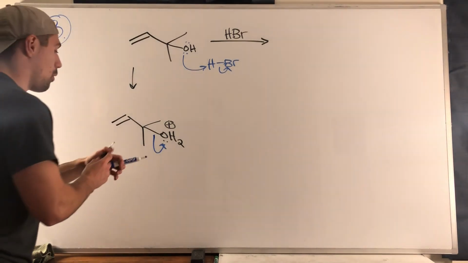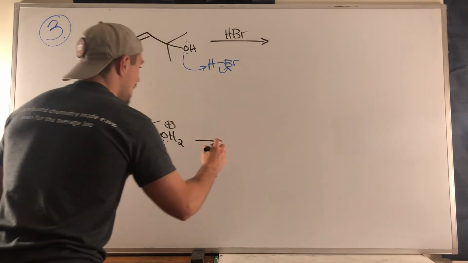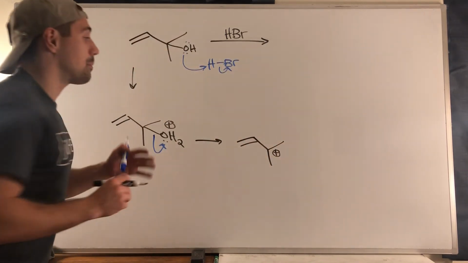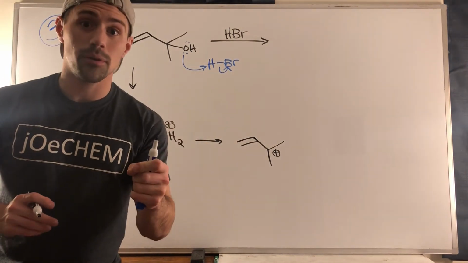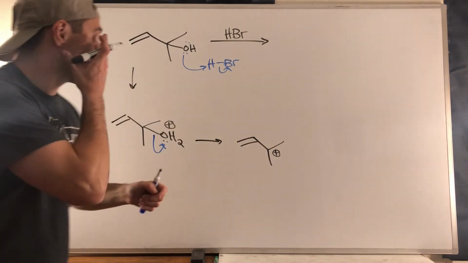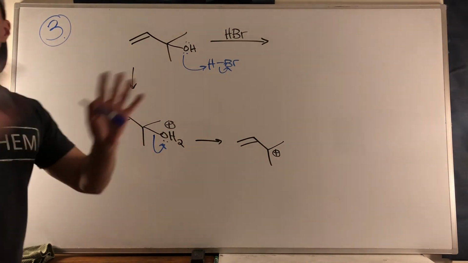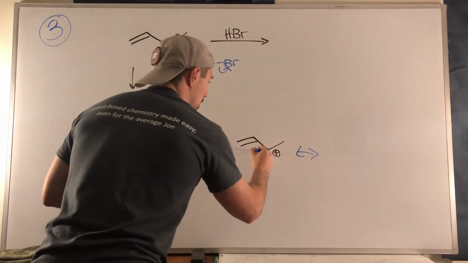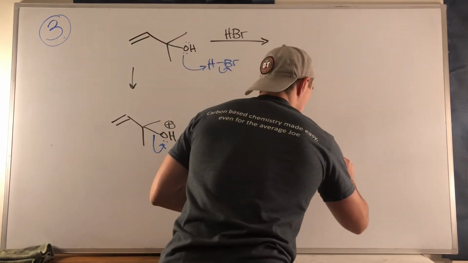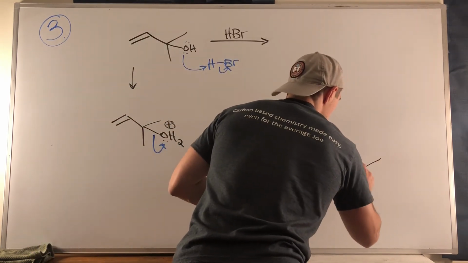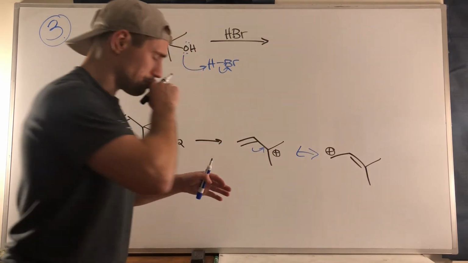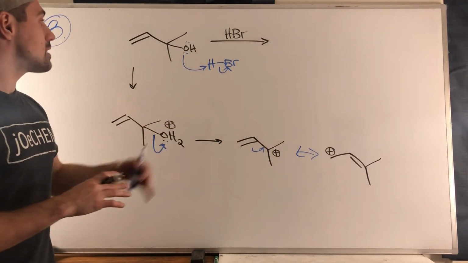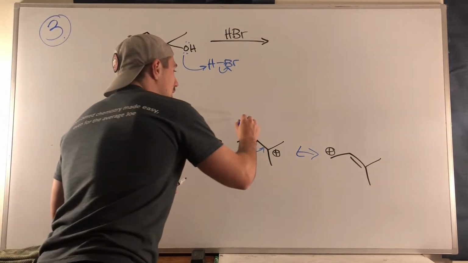Water will leave. And what that does is, you guessed it, create a carbocation, but not just any regular tertiary carbocation. That is allylic. So at this point, if we're just predicting the product, I'm going to draw some resonance. I'm going to show this double bond swinging over, and I will draw the result of this resonance with the double bond over there. Carbocation moved to the primary carbon, still allylic, right? Now at this point, we can show bromine attacking in both positions.